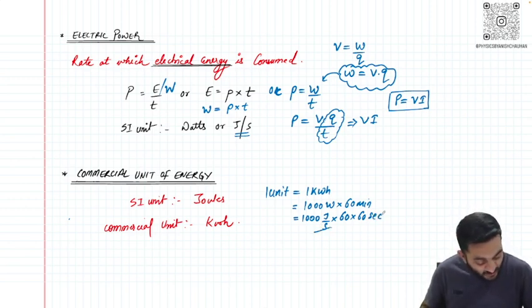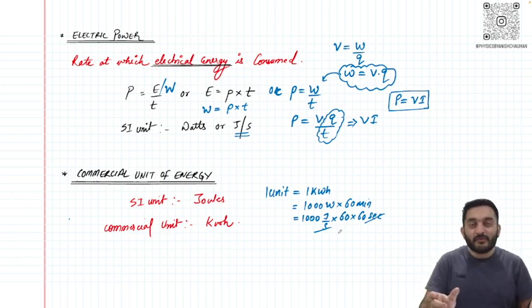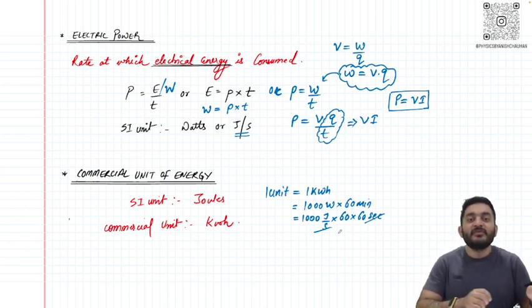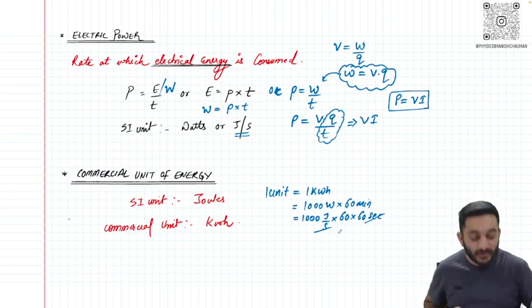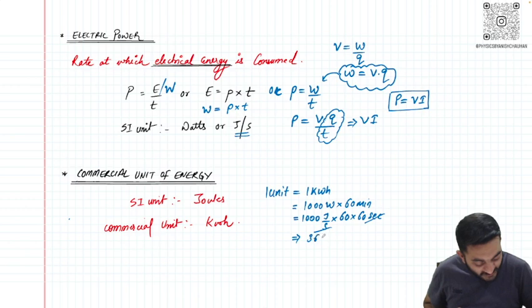Now the second in the denominator and this power are going to get cancelled, so 1 unit might look like 1 kilowatt hour, but if we simplify the unit on the right hand side, it looks like joules only. So 60 into 60 is going to give me 3600, and you have 1000.